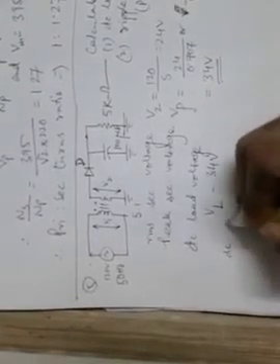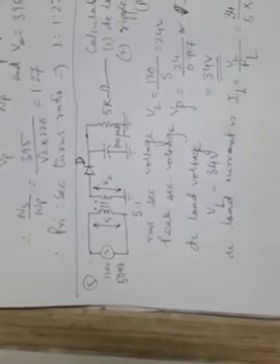The DC load current IL is VL, which we have found just now, divided by RL, the load resistance, that means 34 divided by 5 kilo ohm, 5 into 10 to the power 3. This is 6.8 milliampere. So the current we have found.